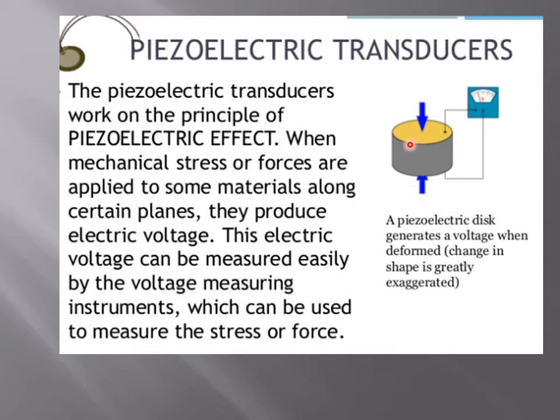That is what is shown here. This voltage will be directly proportional to the mechanical stress applied. This is a piezoelectric disc which generates a voltage when it is deformed. Deformed means the shape is changed.